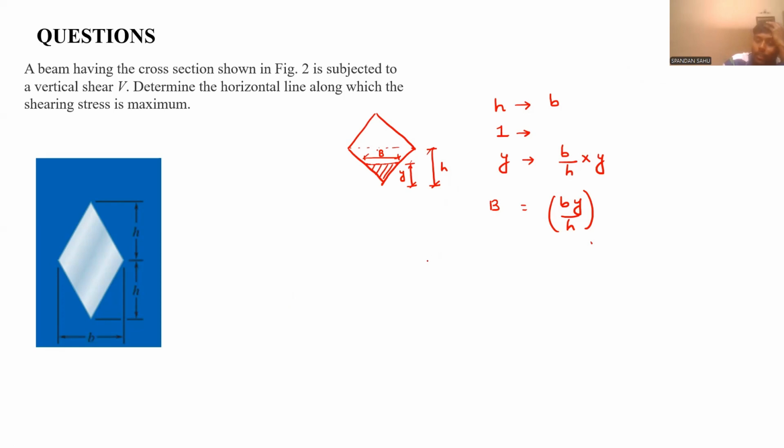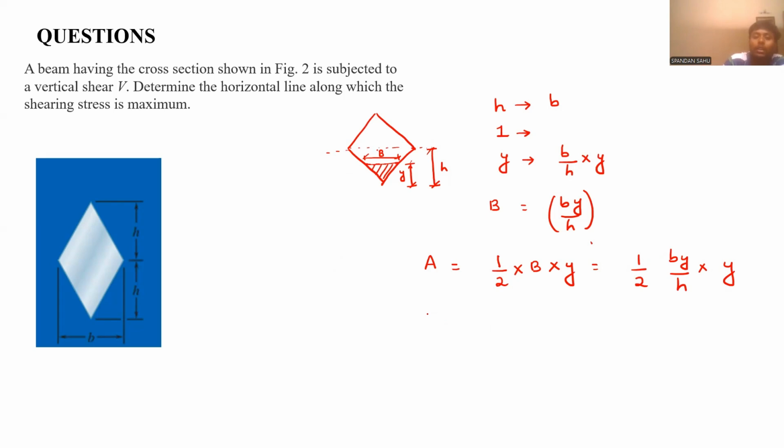Now tell me what will be the area of the shaded portion. Area of the shaded portion will be half into B into y. So it will become half into b y upon h into y. And the neutral axis will pass through the mid, that is at a depth of h from bottom or h from top, because it is symmetrical about that axis.